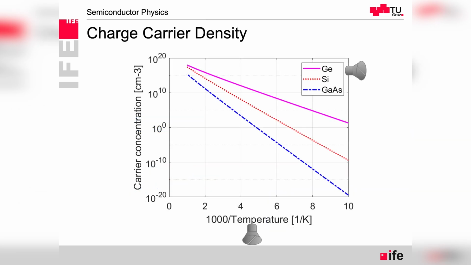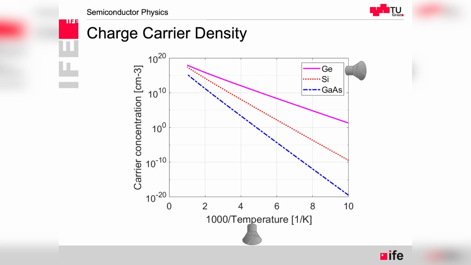Maybe you remember this plot. We have the charge carrier concentration of the intrinsic semiconductor as a function of temperature. The low temperature, 0 Kelvin, is on the right-hand side, and as we go closer to the left side, the temperature is increasing, so 1 over the temperature is decreasing, and the concentration is increasing.